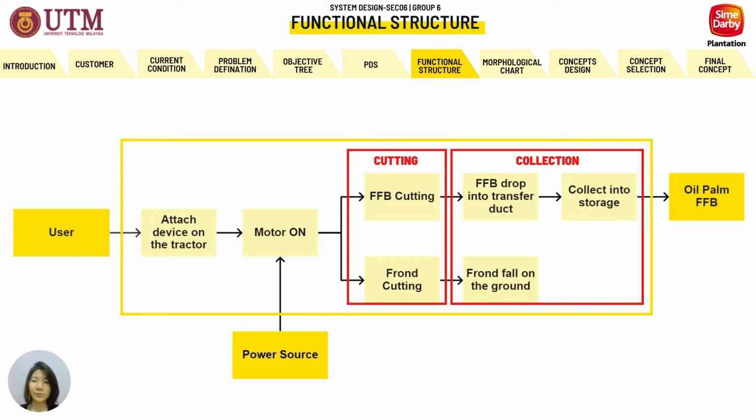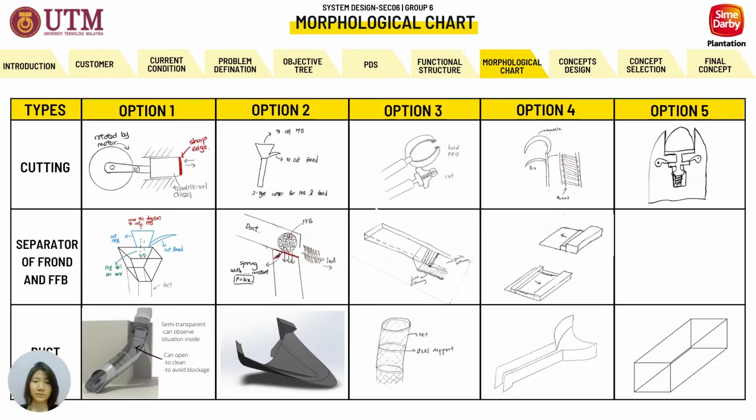First, the user will be driving the tractor to the desired tree. Power source will be switched on to allow the cutting chisel to vibrate. The user will adjust the chisel to the location of the FFB and cut the frond and FFB. The frond will fall under the tree and the FFB will drop into the collecting duct and it will be directed to the storage.